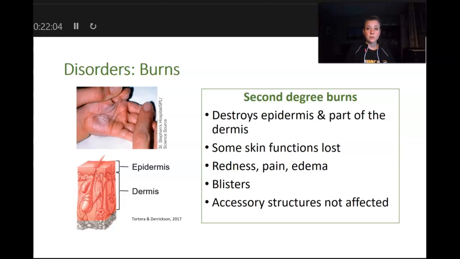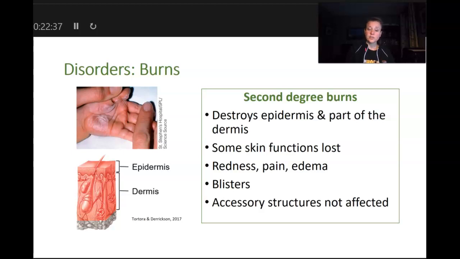And as you can see in the graphic below the picture, the epidermis and the dermis are affected by a second degree burn. And so this burn is characterized not only by blisters, but also by redness, pain, and edema, which basically means that blood vessels have been damaged, and you've got some fluid leaking from those blood vessels into the surrounding tissue, causing it to swell, and that's what edema is.